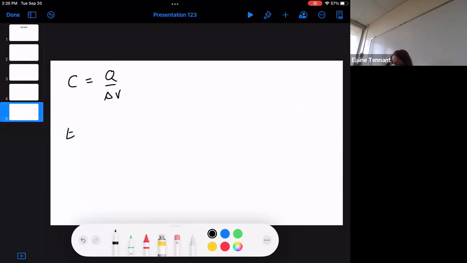So if the electric field equals delta V over delta X, that means the change in voltage equals the electric field times delta X.